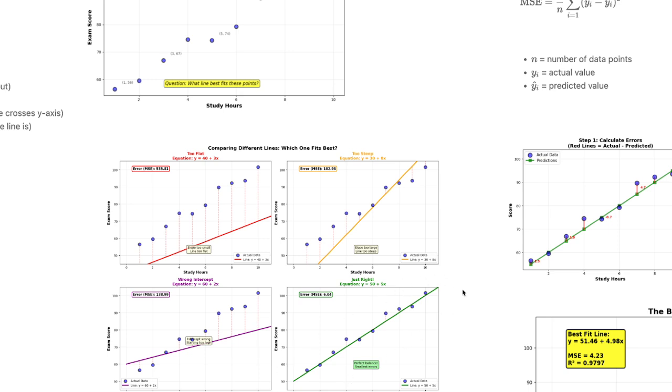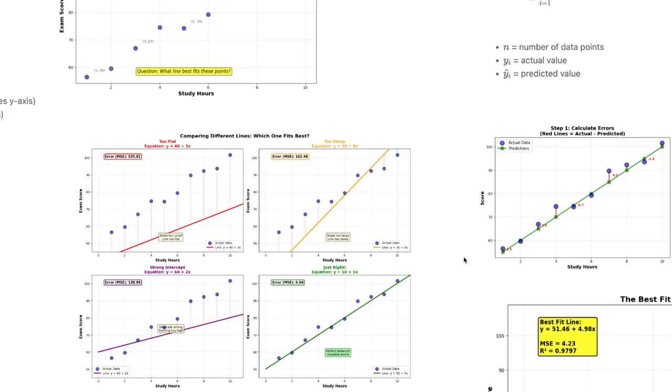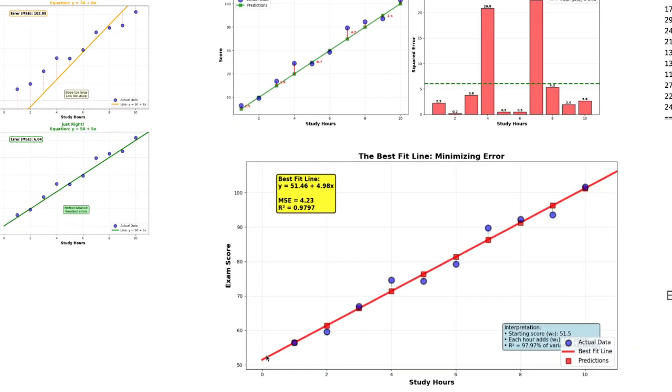We'll go through how this is done in the next video, which is more mathematical and programming. Here it's more of a concept. Then it will try to create the model like this. Keeping this in mind, we can't create 100% accurate models, so we need to create a model which is more accurate. Here you can see we will find a line y equals 51.46 plus 4.98x.